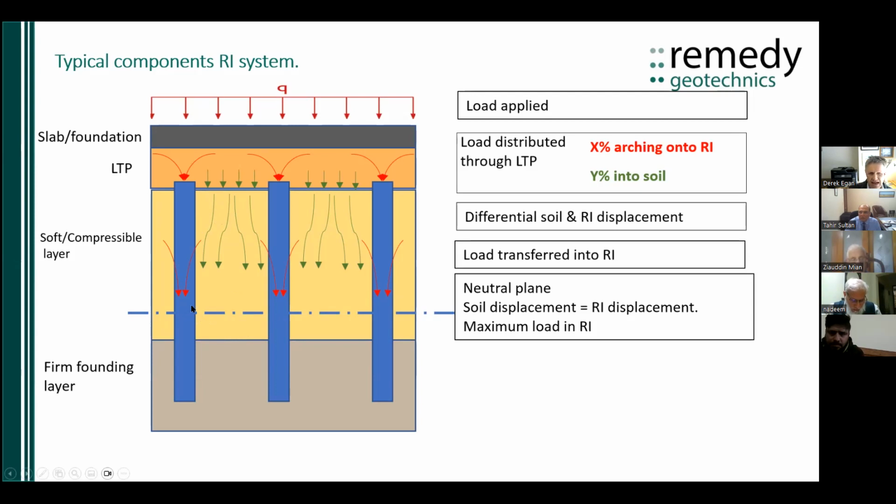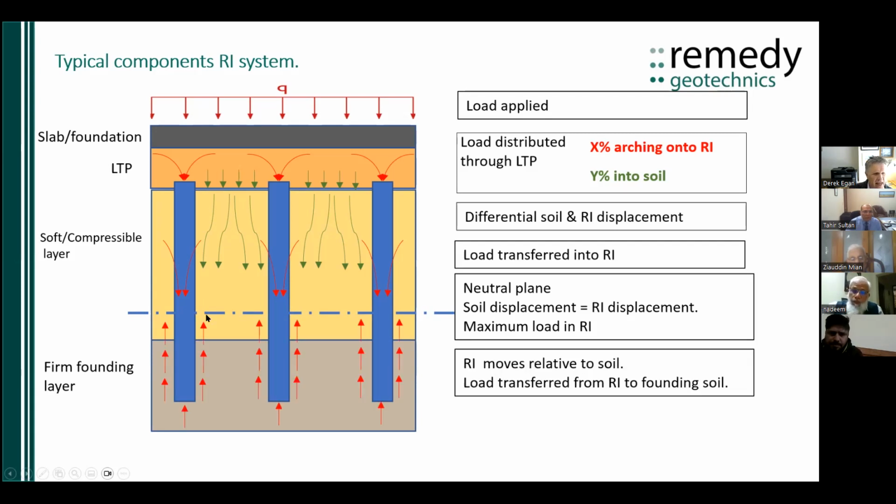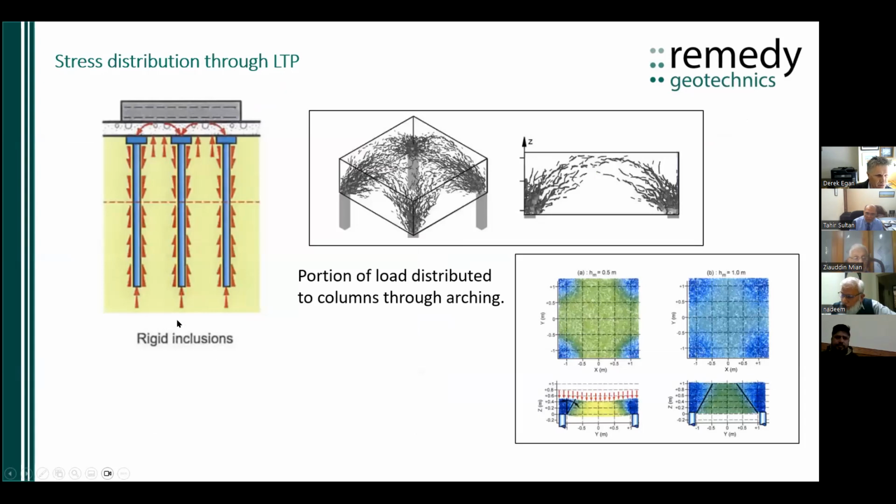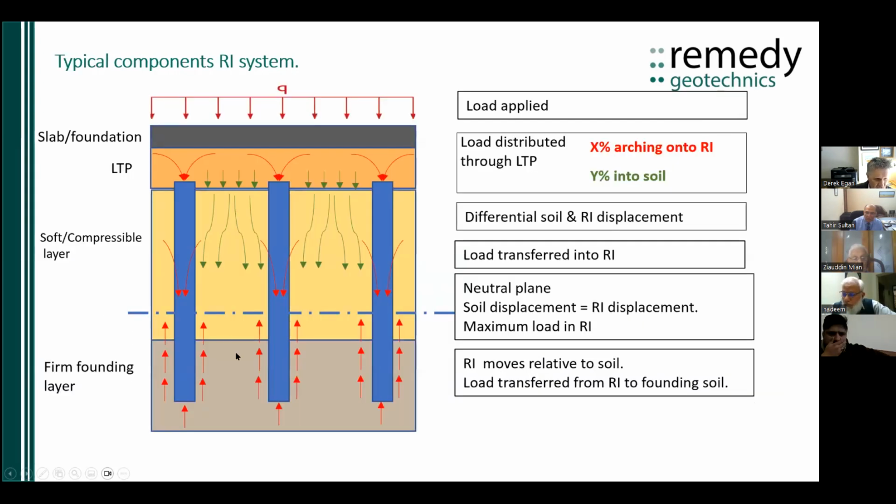Now, at that point, there is no load transfer because there's no differential movement. And below the neutral plane, the column now is settling more than the soil. So the column is now generating a resistance and shedding load off into the ground.